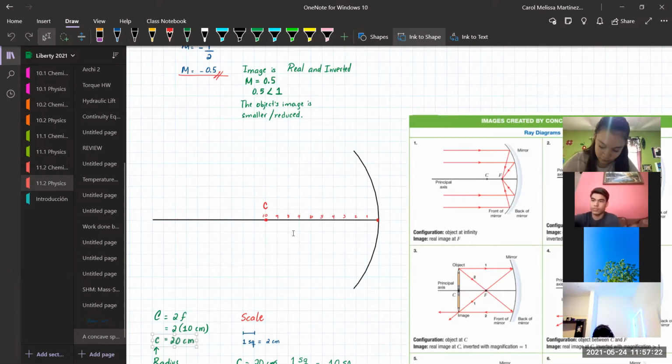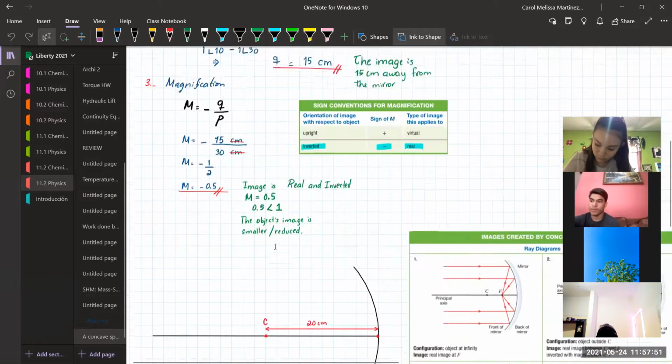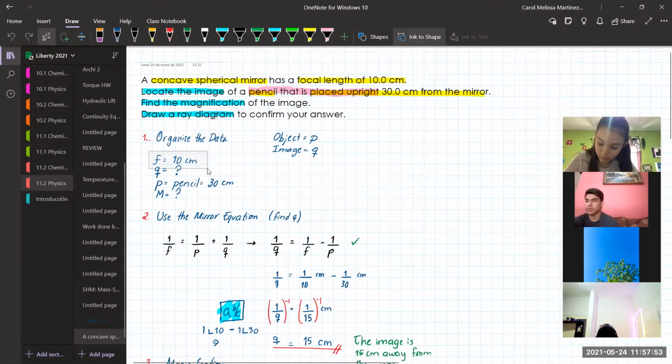Once I have it, I can get rid of this. So I don't need it anymore. But what I do need is to indicate my size. This is 20 centimeters. That is the first point I placed. The second point I need is the focal length. The focal length given in the problem is 10 centimeters.